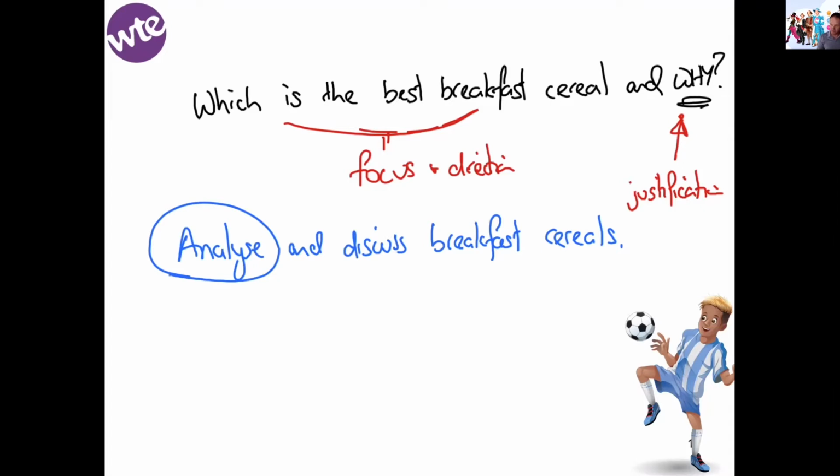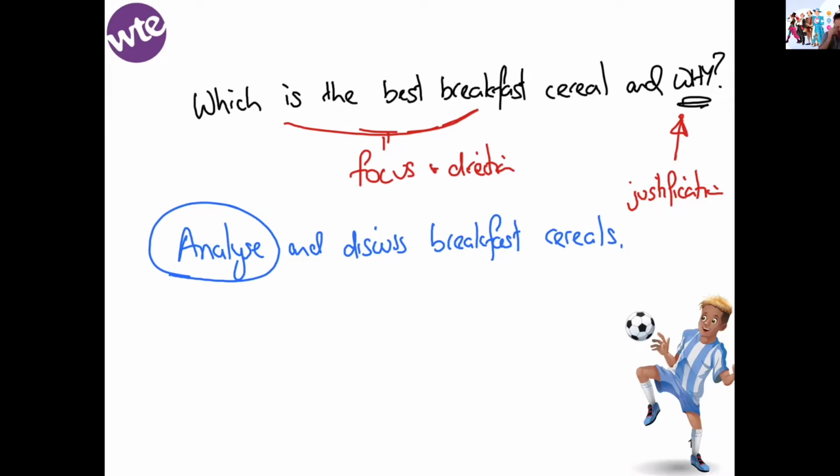Because at the root of it, Bloom and his compatriots knew this. They knew that these words, which describe the thinking skills you wanted to see surfaced in the students, were always the outcome of the writing. They were never the input. So you don't say to the student as you're training them, analyze and discuss breakfast cereals, because the student has no idea what you're really wanting them to do.